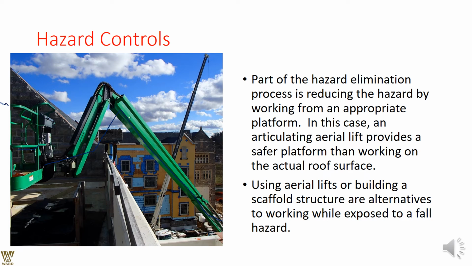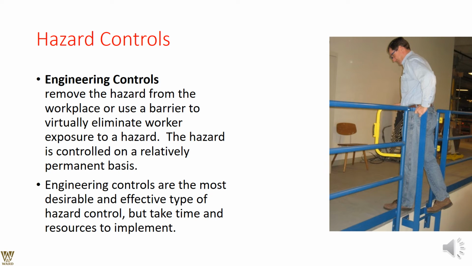See the railing facilities mentioned here. The person is very safe. So using aerial lifts and building scaffolding structures are alternative ways of working. Remember, that is what we are looking at as far as your exposure to falls is concerned. So this is another methodology of controlling fall hazards.